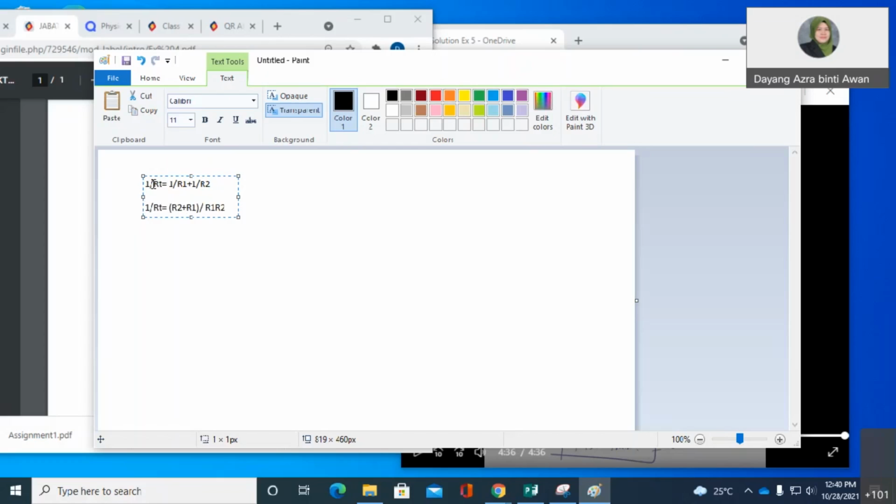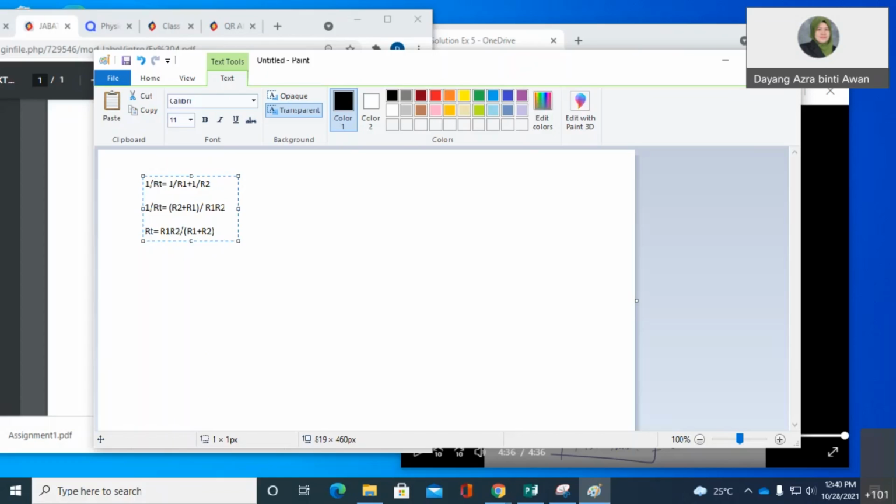So still we cannot find the total resistance because it is in fraction form, 1 divided by RT. So to be safe again, you need to bring the R total up so that you can get your answer: R1 R2 divided by R1 plus R2.